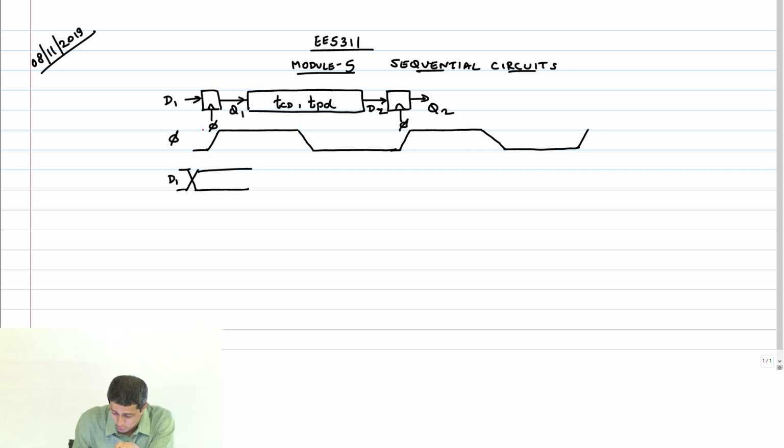Now I will also do one more thing. I will mark my setup and hold time windows in red. So you see this is my setup time window. This is my setup and hold time window, where data should not change. Similarly, on the next rising edge, you have the same constraint.